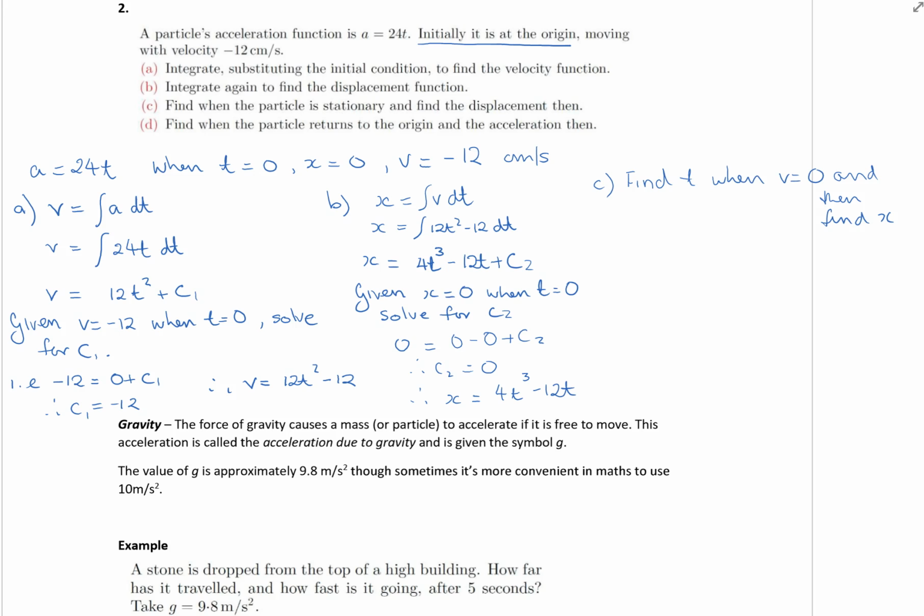So, example 2. A particle's acceleration function is a is equal to 24t. So immediately we read that, we know it's different to the first example that I have included here, because in that example I think you were given the equation for its displacement, its velocity.